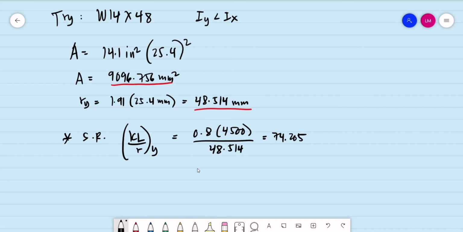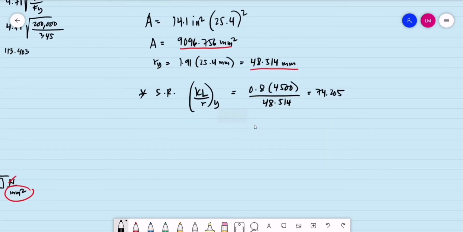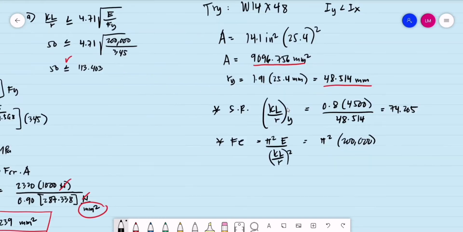That's our slenderness ratio. Then for the computation of our f sub e, that is equal to pi squared times E divided by the slenderness ratio quantity squared. So this is equal to pi squared, 200,000 megapascals. We are just repeating our previous procedure.